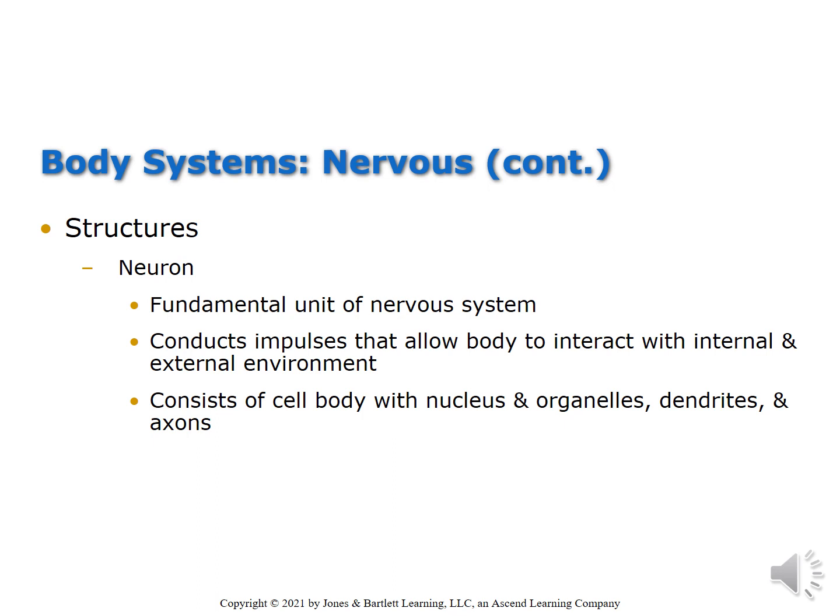The fundamental structure of the nervous system is called the neuron or the nerve cell. Its job is to conduct impulses that allow the body to interact with the internal and external environment, and it does so by means of actual electrical impulses. How that electrical impulse works is a little beyond the scope of this course.